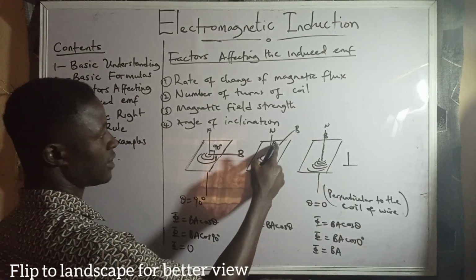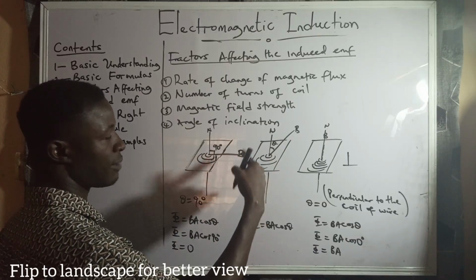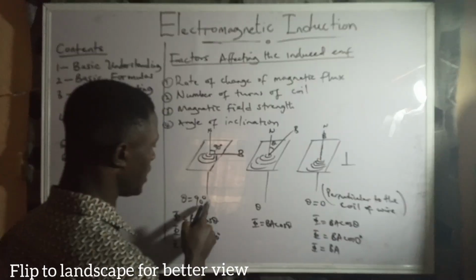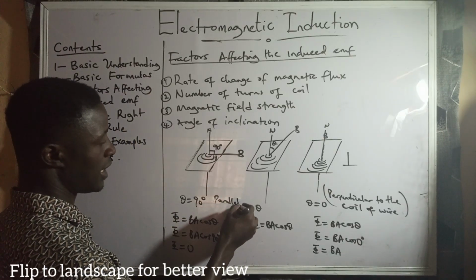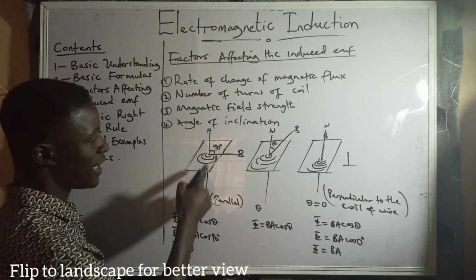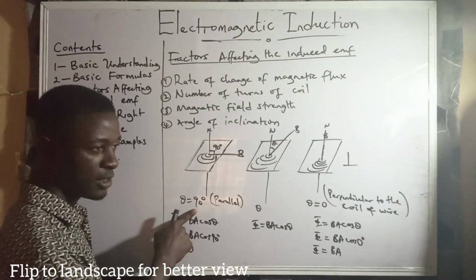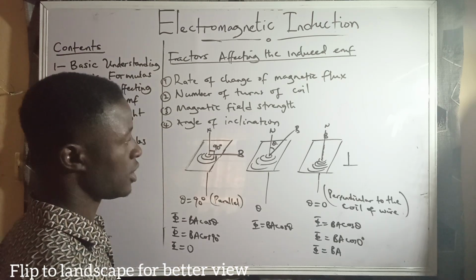Then this is a magnetic field inclined at an angle. This angle can be 30, it can be 20, it can be 60, it can be any acute angle. Then here, this one is parallel. Now, when your magnetic field is parallel to the coil of wire, you have 90 degrees. When it is 90 degrees, you have 0 induced EMF.